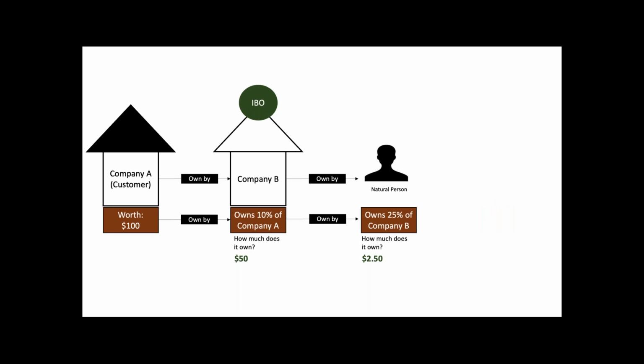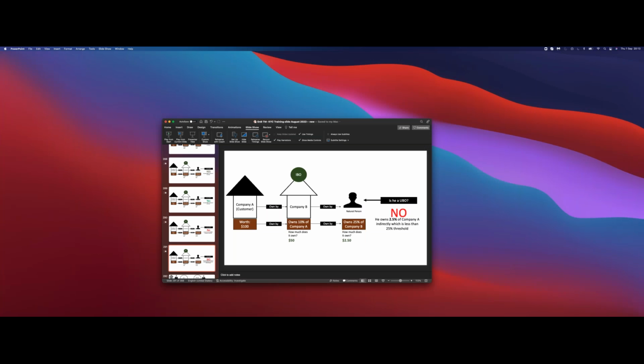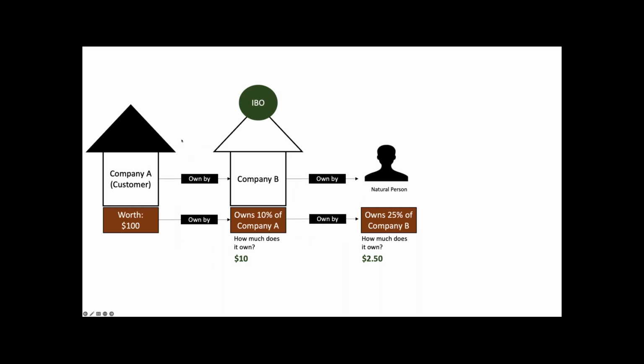Now, if company B owns 10% of company A, right? Bear with me, I keep making this mistake all over again. Apologies. So if company B owns 10% of company A, that literally means that it owns $10 of company A. Dollars.